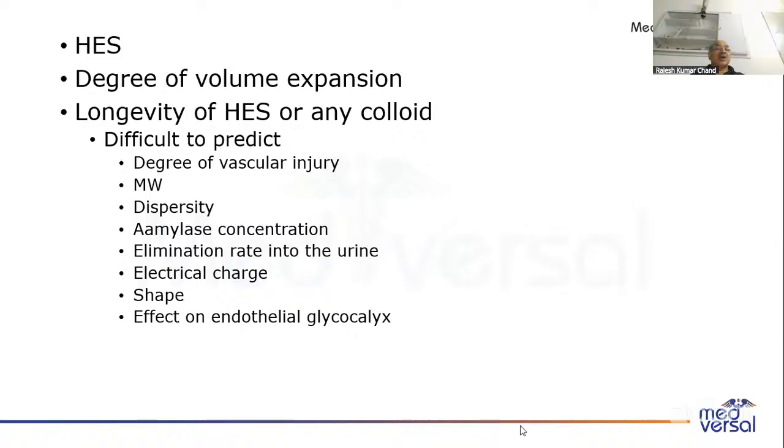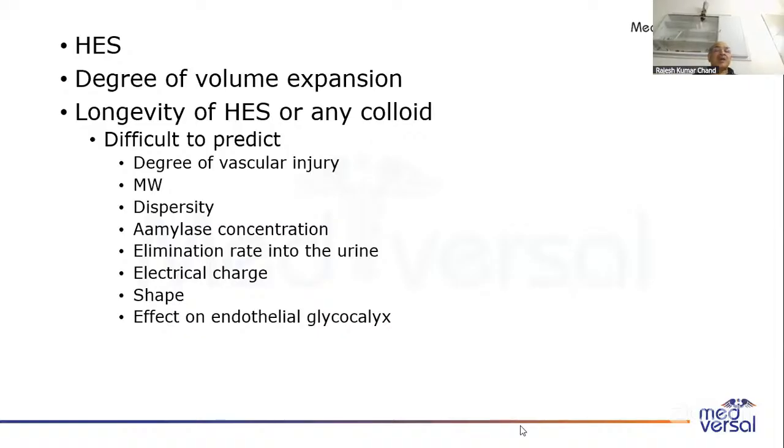In hydroxyethyl starches, the degree of volume expansion and their half-life in the blood is difficult to predict. In normal test subjects, we know that this colloid will last for this much time and this will be the volume expansion effect.